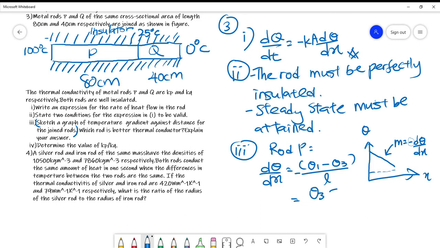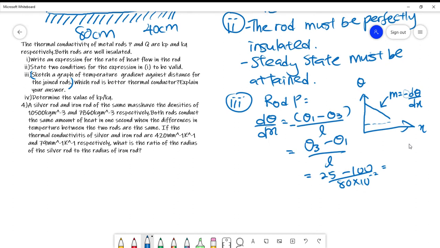So this one should be theta 3 minus theta 1 divided by L, and what will be my theta 3? 25 minus 100, divided by 80 times 10 to the power negative 2. Let me just drag it down.